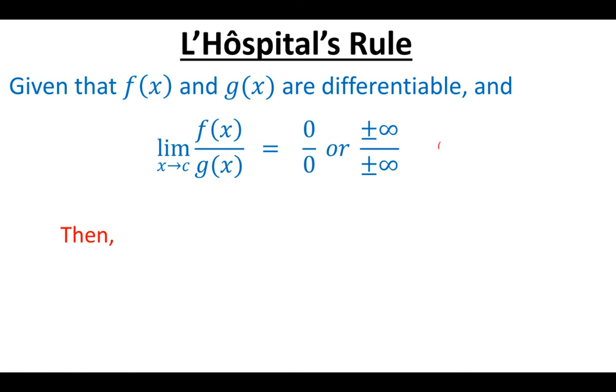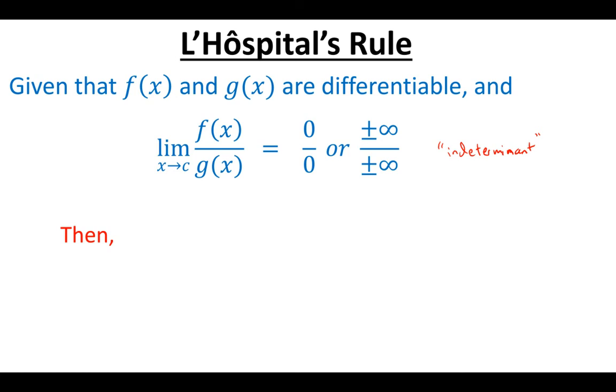If we get an indeterminate form, meaning 0 over 0, that's indeterminate. It is not 0. You can't have a 0 over 0. Or if we get plus or minus infinity over plus or minus infinity, those are all called indeterminate forms, meaning there's no answer.